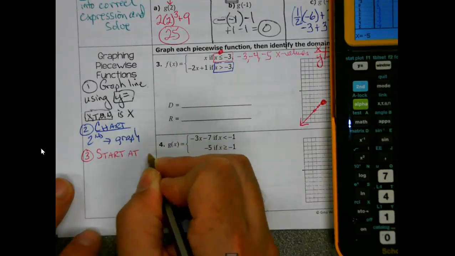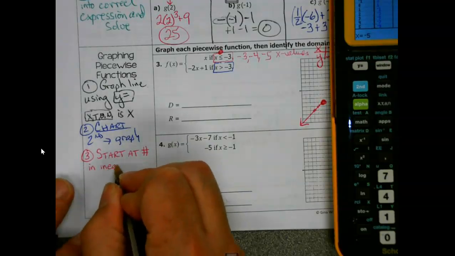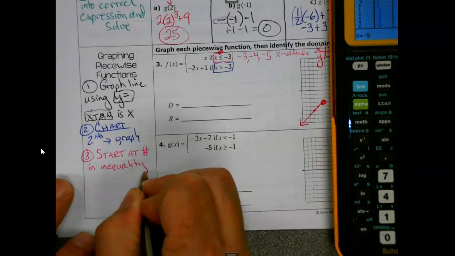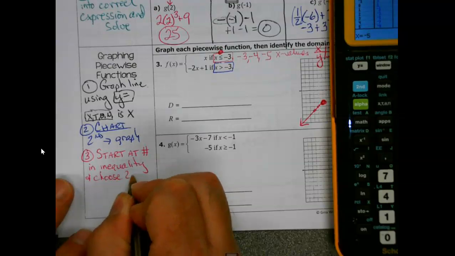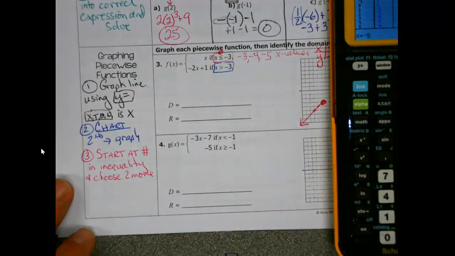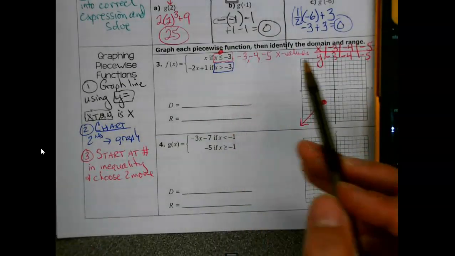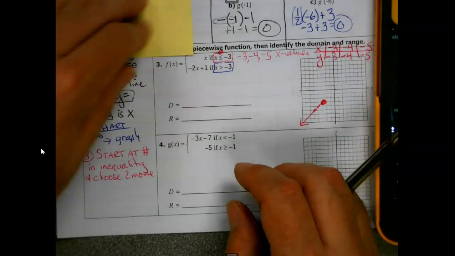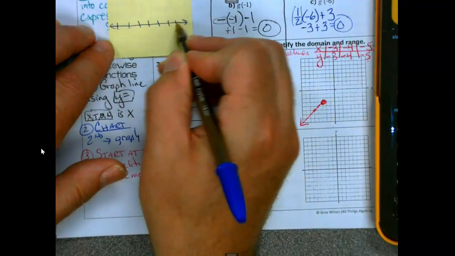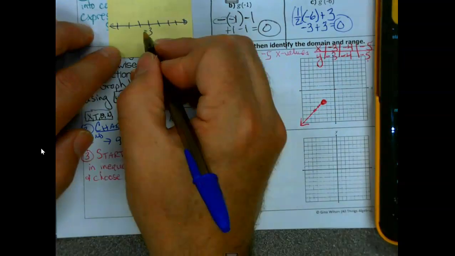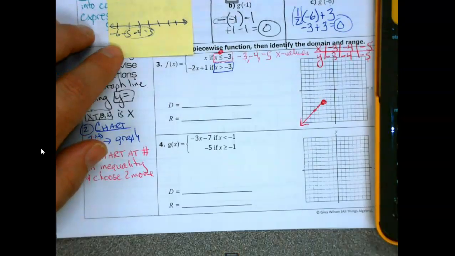We're going to start at the number in the inequality, and choose 2 more. Last time, since it was less, we did -3, -4, -5. Again, if I want to have a number line at my disposal, less than goes left, so that's why we were choosing these numbers.